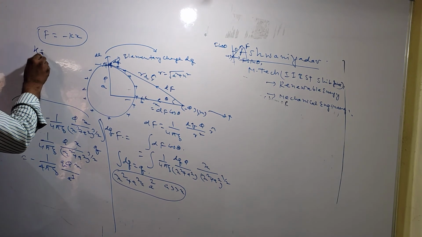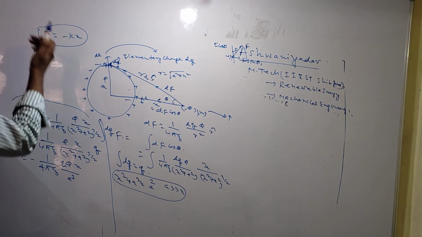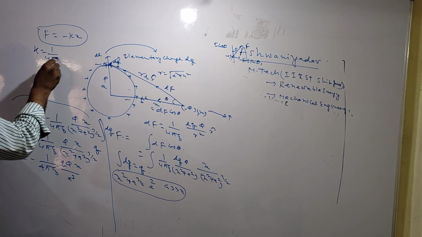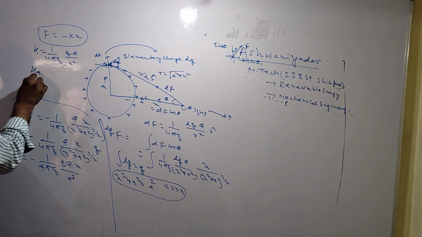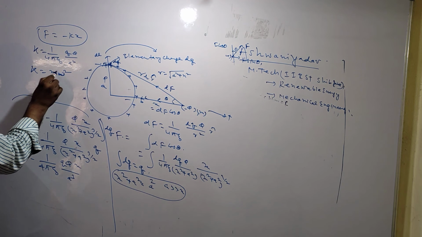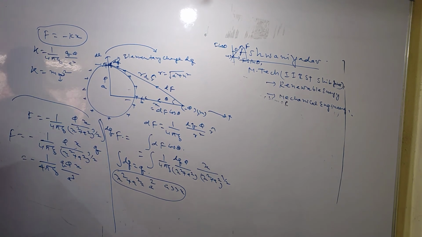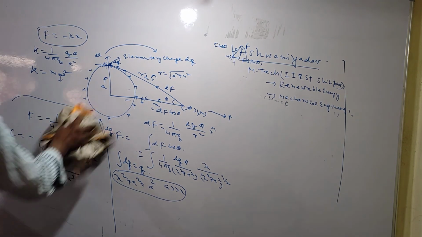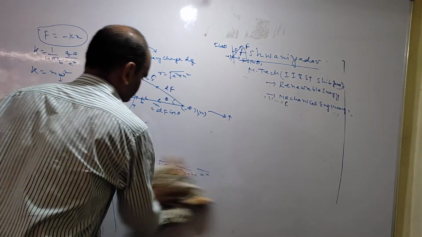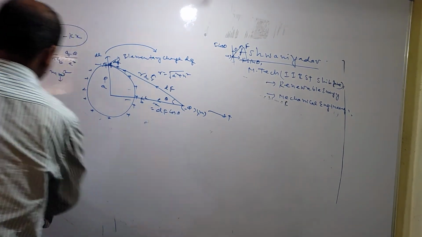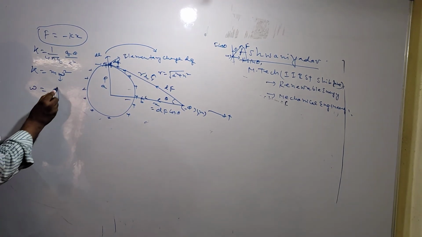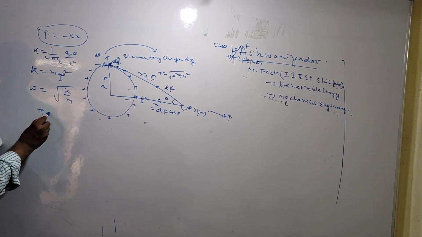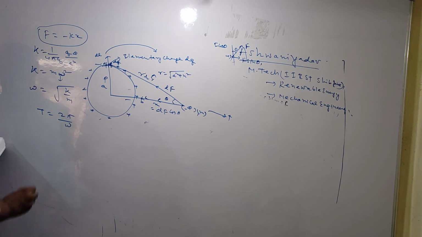Now we are left with k. Compare this equation with this one. k is equal to 1 by 4 pi epsilon naught, Q q by a cube, and we know k is equal to m omega square. You can find omega here. Now the time period: omega is nothing but under root k by m, and time period is 2 pi by omega.